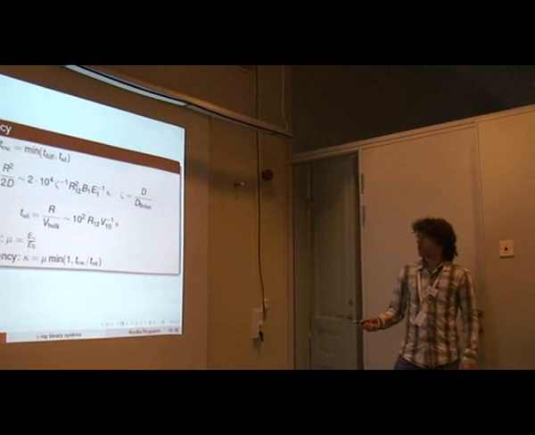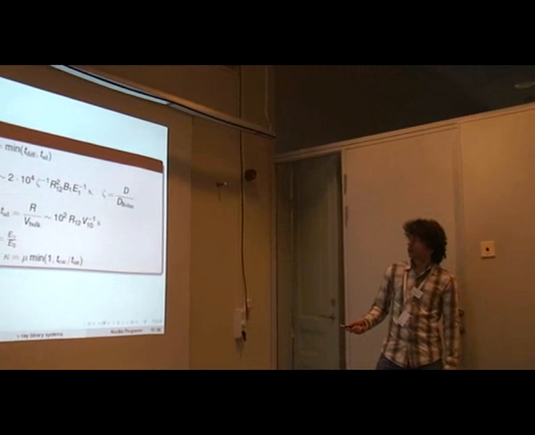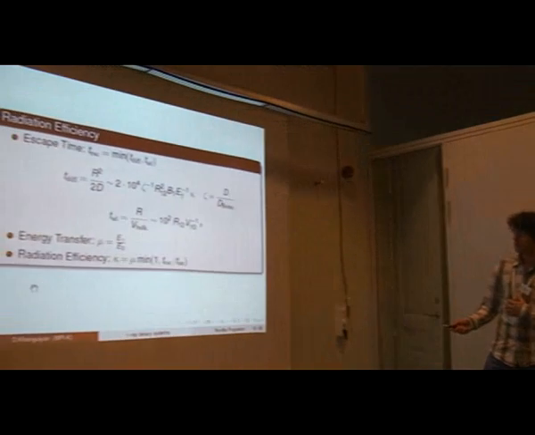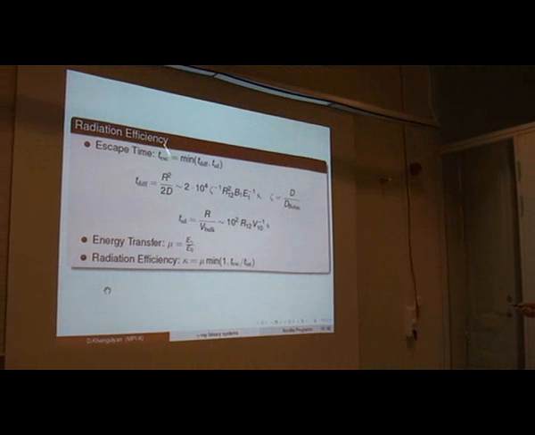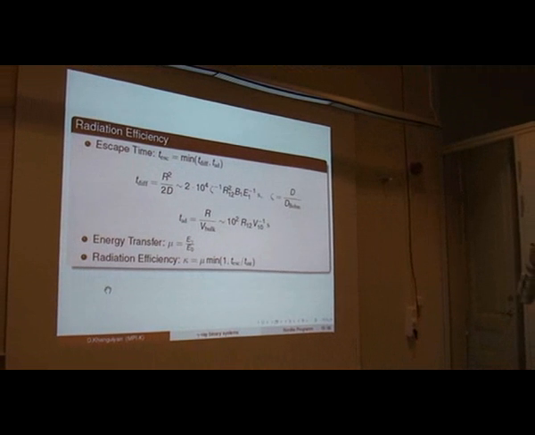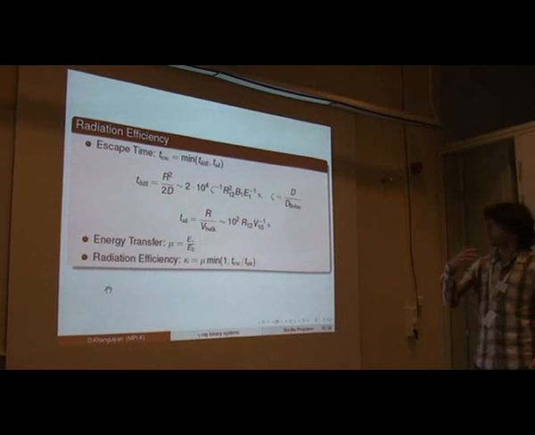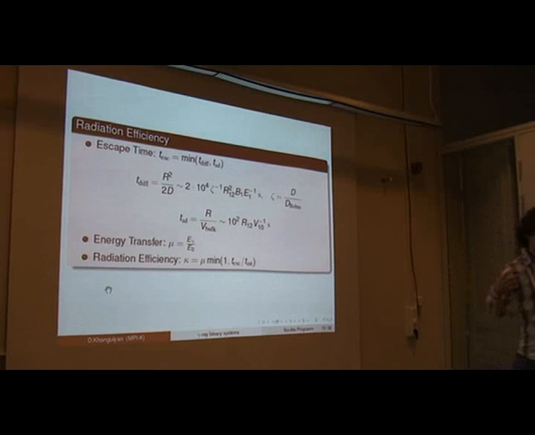And we may introduce this radiation efficiency, which depends on the escape time, so how long one can confine particles in this system, over the cooling time, so the interaction time. Depending on the target density, particles will cool with different time scales.